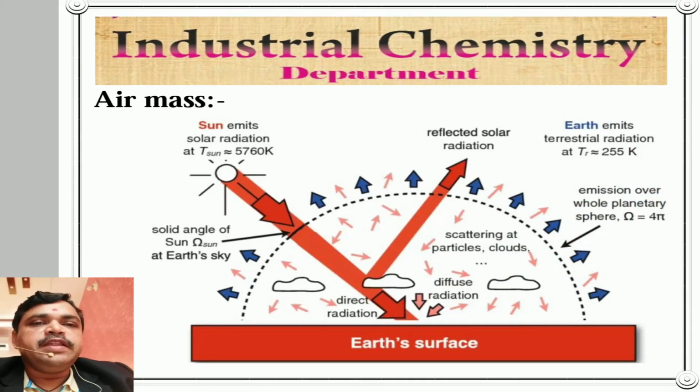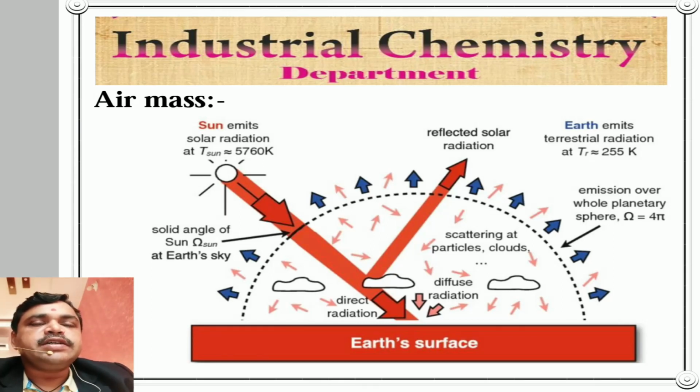Now, we see the figure for the structure of air mass. So, what is air mass? The measure of the distance traveled by beam radiation through the atmosphere before it reaches a location on the Earth's surface is called air mass.